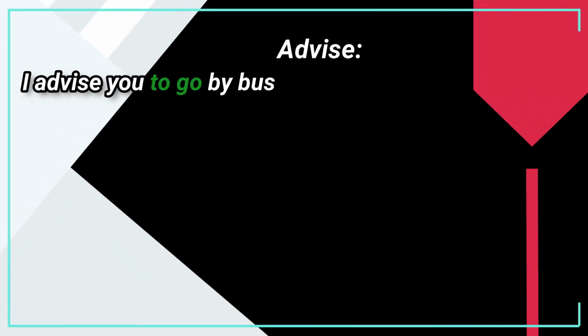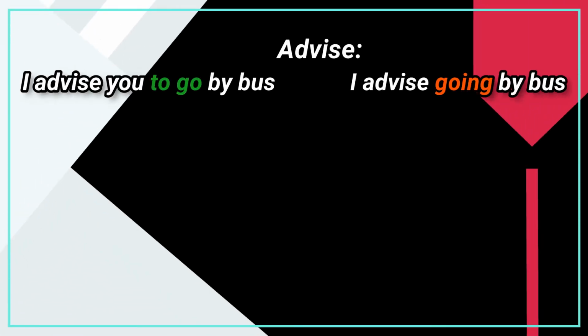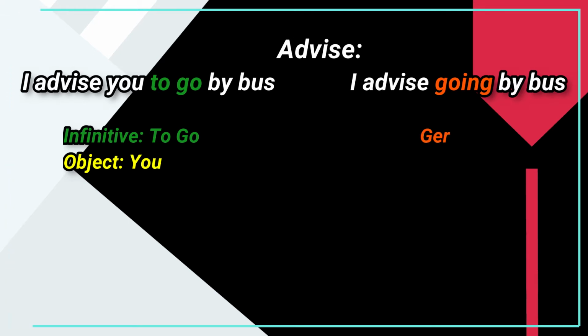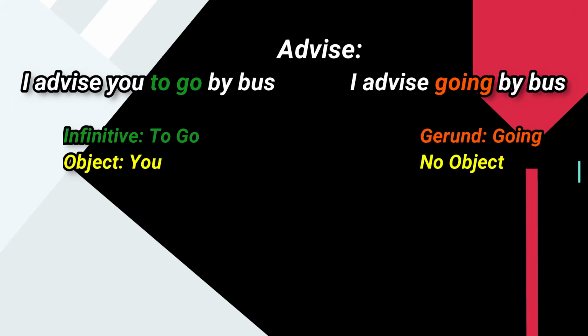There are environments where the meaning doesn't change, but the use of it does. Let's take a look at some examples. I advise you to go by bus. I advise going by bus. In the first example with the infinitive, to go, we see the object you. In the second example, we see the gerund going, but there's no object allowed.